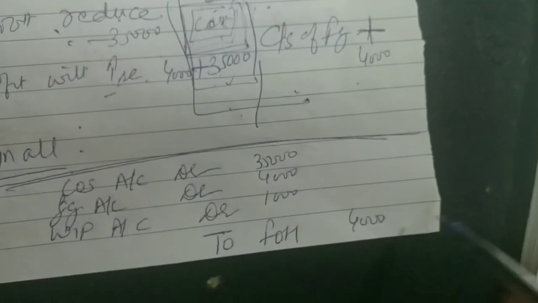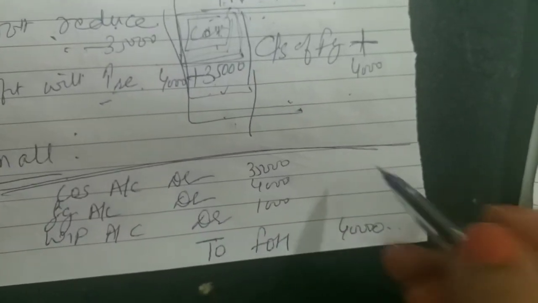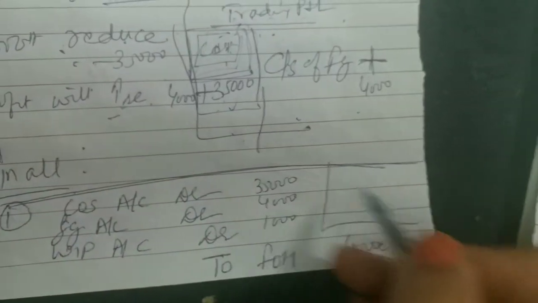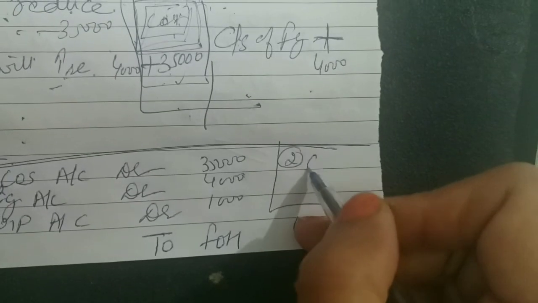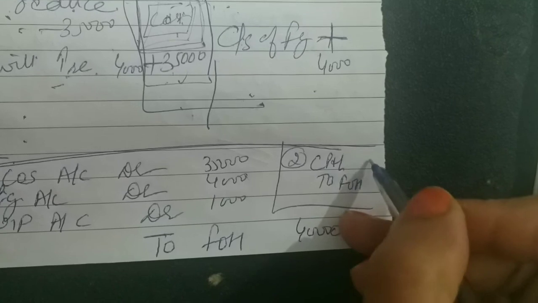I hope you are clear with the journal entry part also. And the second entry would be the one which we transfer to costing profit and loss, that is costing profit and loss account debited to factory overheads.